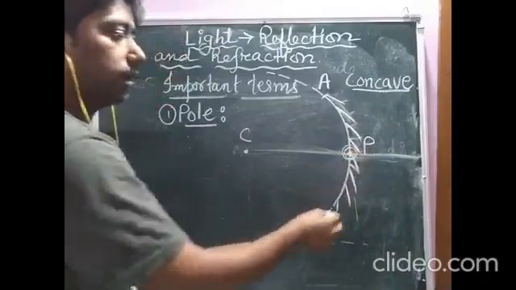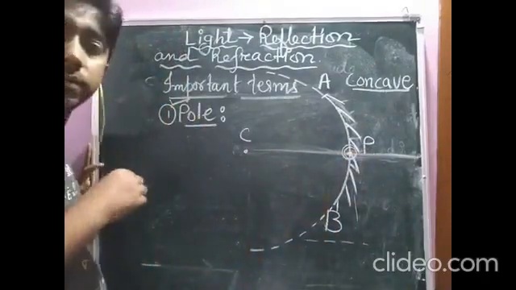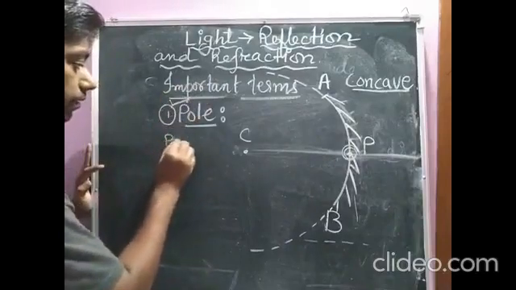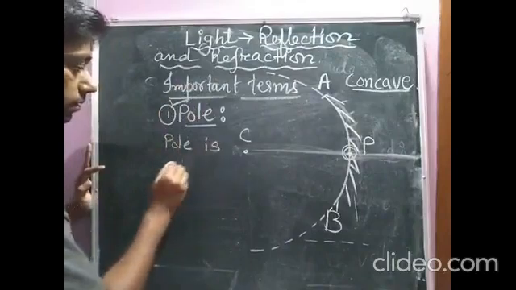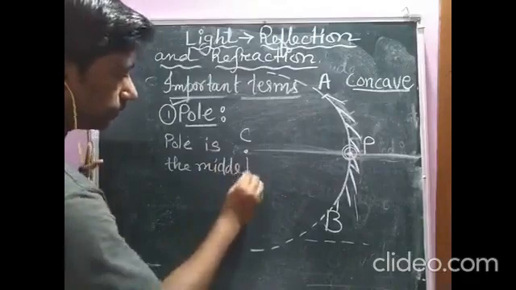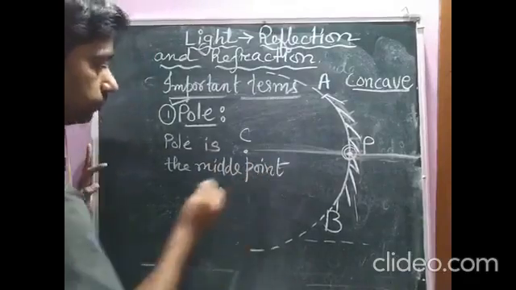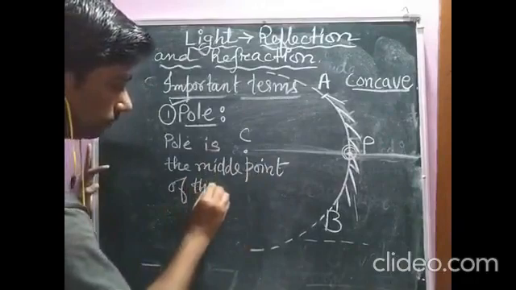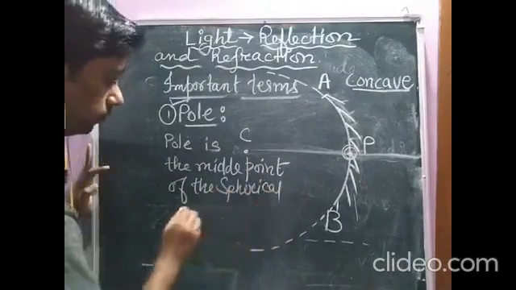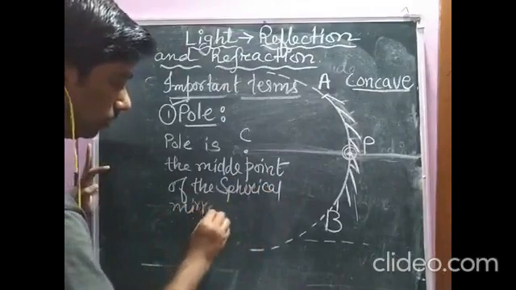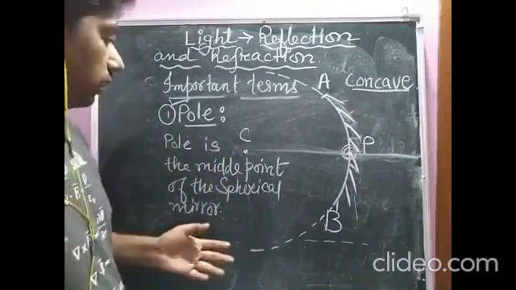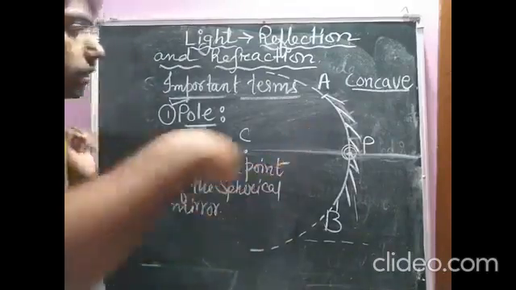This point P is known as the pole of the mirror. If you want to write the definition, the pole is the middle point of the spherical mirror.